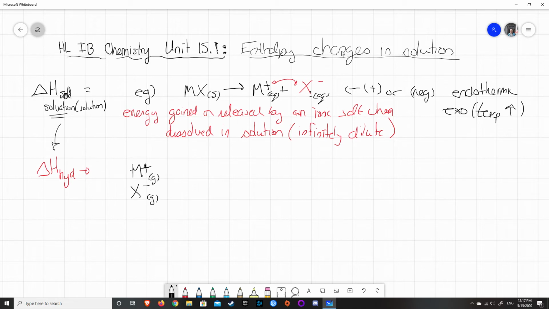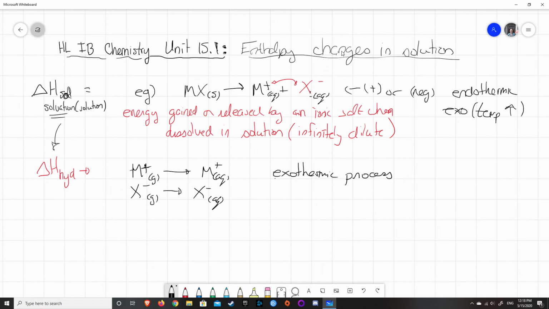So first they're in gas phase, and then we put them into the aqueous phase, as M plus aqueous and X minus aqueous. So basically we're dissolving a charged gas species into the aqueous phase, and this is an exothermic process.